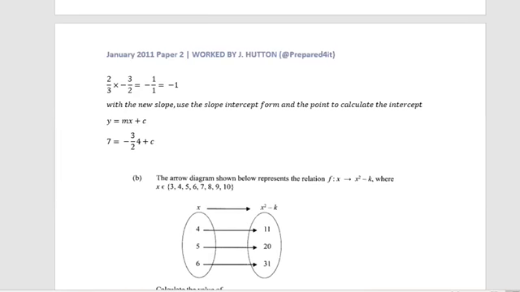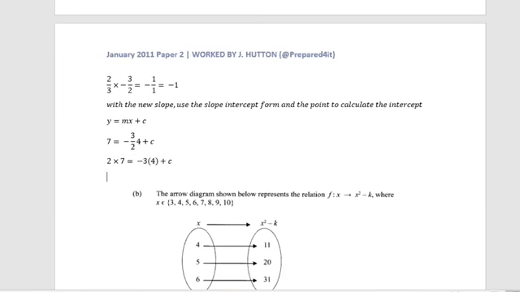So I'm bringing over my 2, so what I'll have is 2 multiplied by 7 is equal to -3 multiplied by 4 plus c. 2 multiplied by 7 is 14, and -3 multiplied by 4 is -12 plus c.